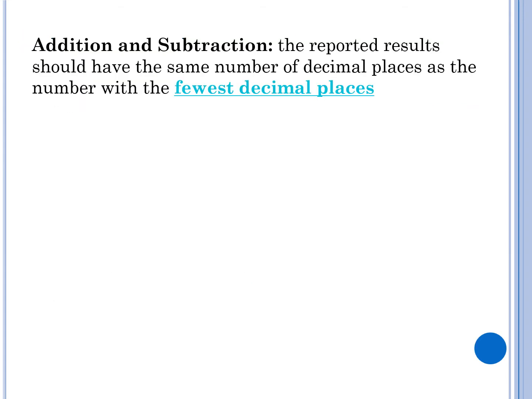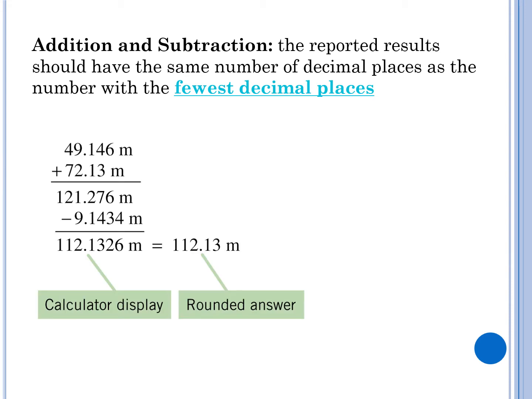Addition and subtraction refer to the fewest decimal places, whereas division and multiplication refer to the fewest significant figures. For example, when you add these two numbers, then subtract another number, your answer is here.